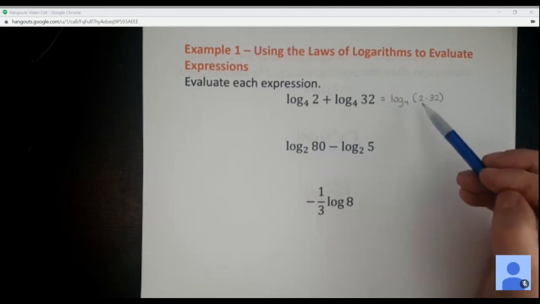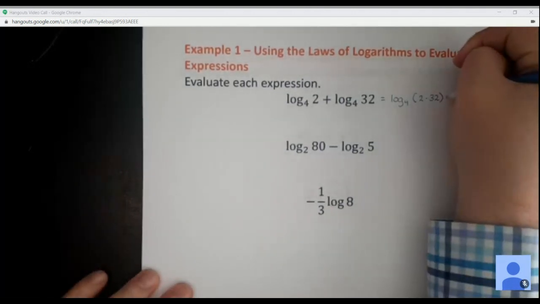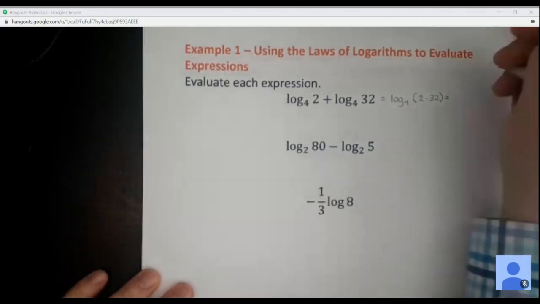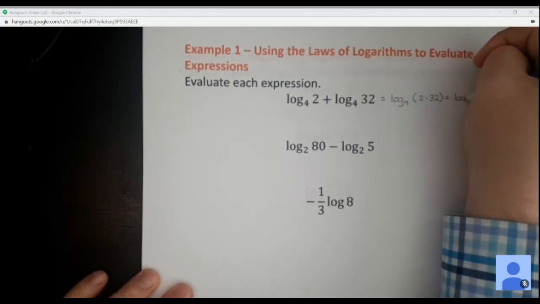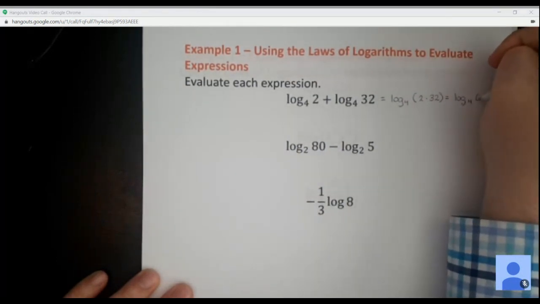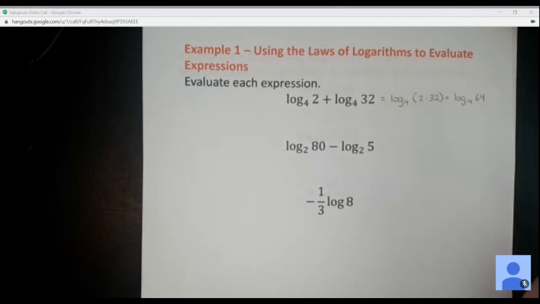Well, if I simplify that, what's 2 times 32 going to give us? Good. So we get the base 4 log of 64. And so now we just have to think, well, 4 to what power will give us 64?